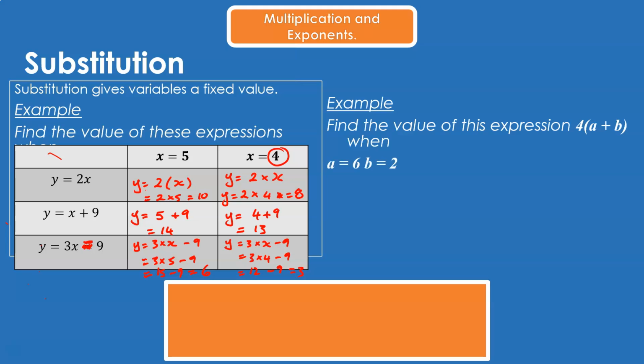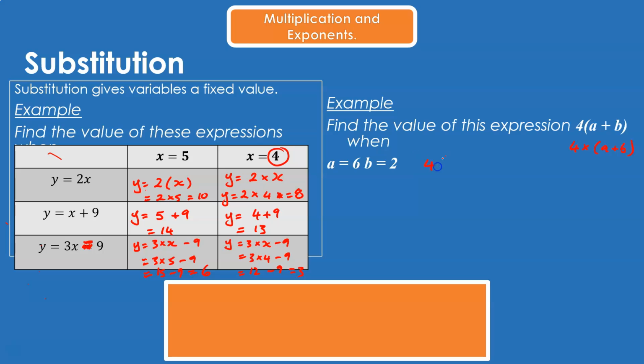So you can see here we've got 4 bracket a plus b. That's actually 4 times, because there's nothing between them. So I can put a times there, and then it's a plus b. Looking at this question, we've got a is 6, b is 2. So I replace the a and the b.